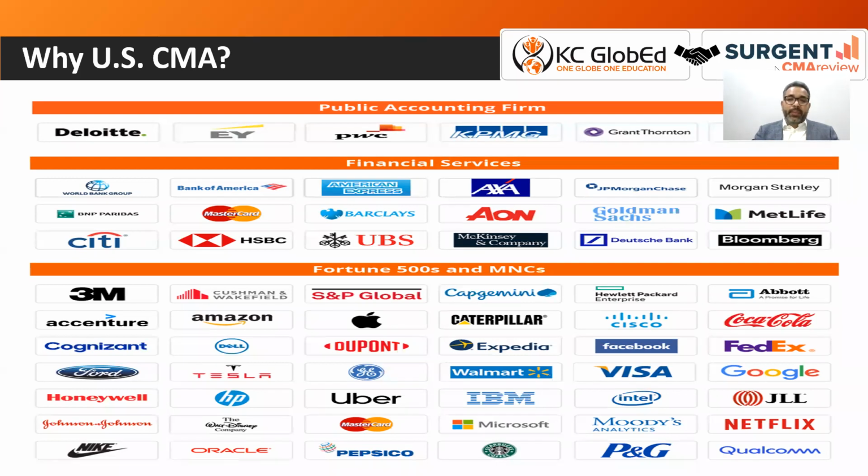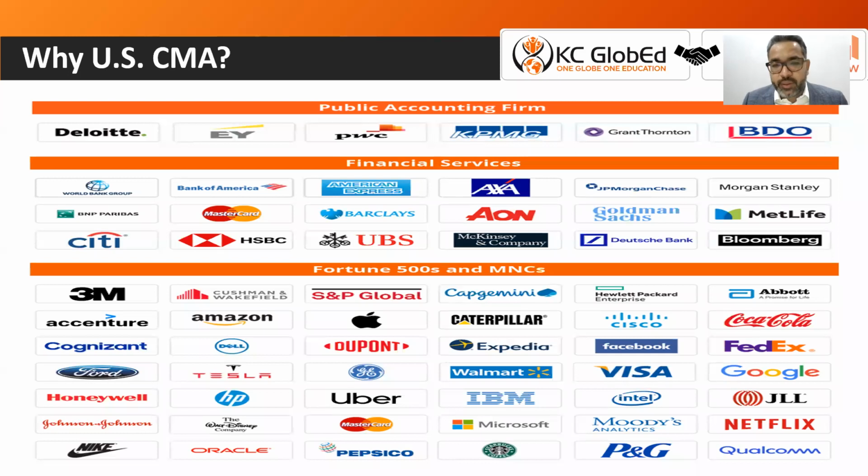If you see public accounting firms, like I said, Deloitte, EY, PwC, KPMG, Grant Thornton, BDO, Mazars, and many more, these public accounting firms require more than 1,000 CMAs every year. Individually, these companies require thousands of CMAs every year, right?